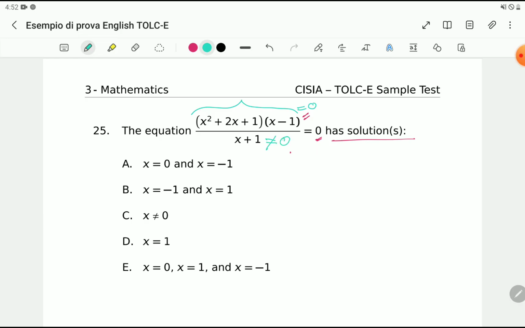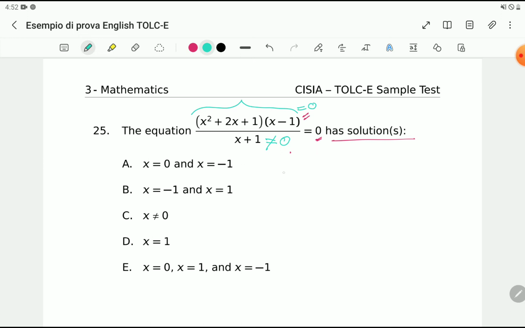Why? Because if it becomes 0, our total term becomes infinity or not determined. We can't divide something by 0, so the denominator cannot be 0. So we will solve this problem separately.